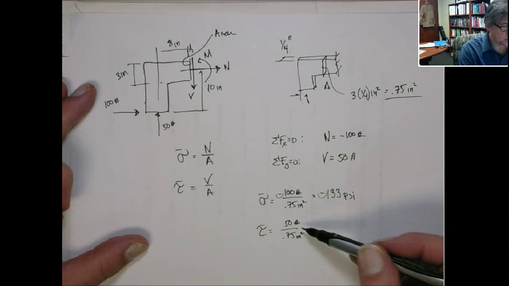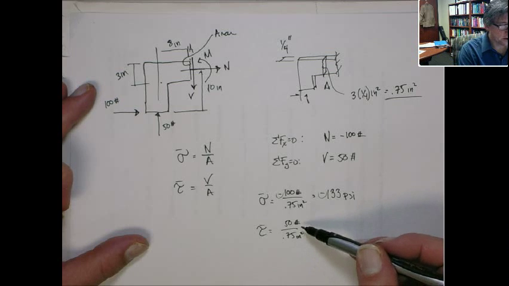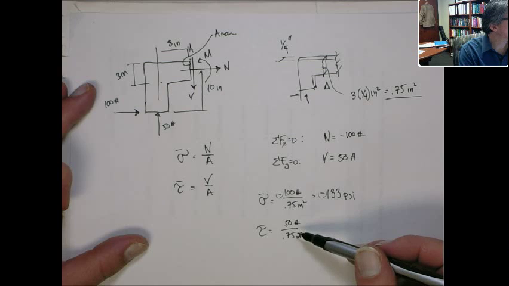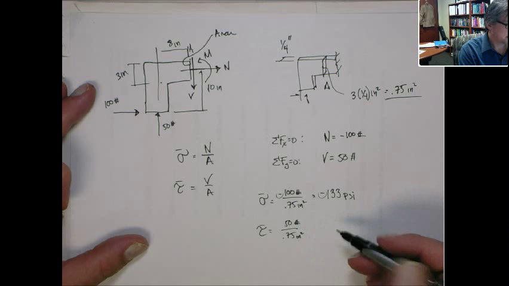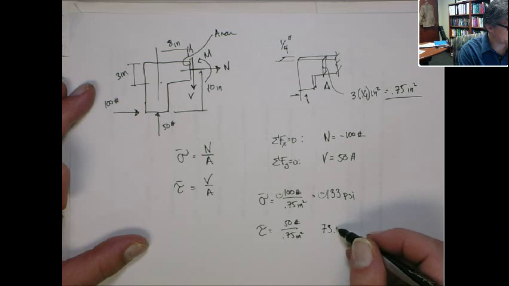So that's going to be 4 times 50 over 3, so 200 divided by 3. That's like 73.3 psi or something like that.